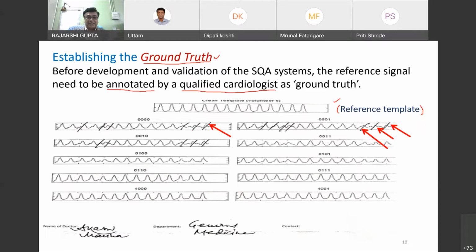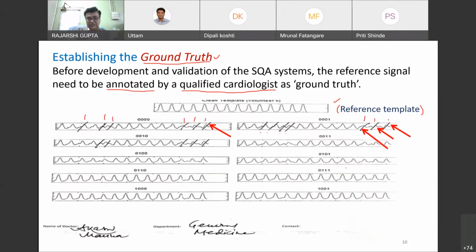and he or she will provide which are the pulses, like here, or here, these pulses are not acceptable. So here also some pulses are not acceptable. Here you can see the pen marks where these pulses are not acceptable to us.